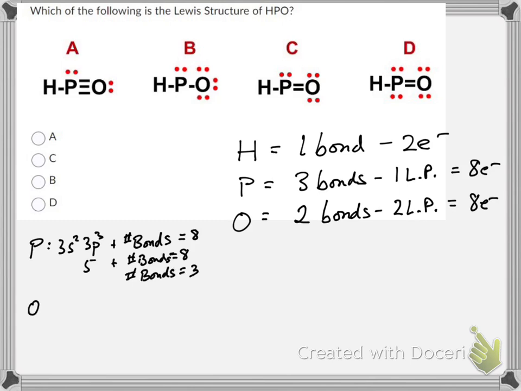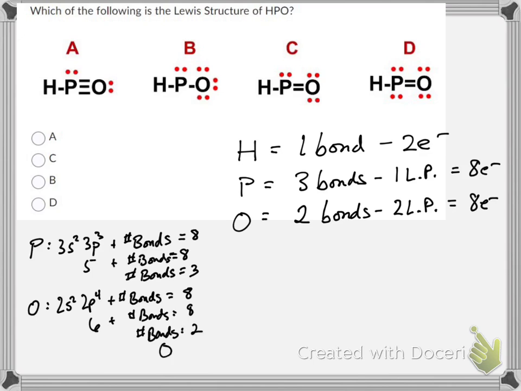If we do that with oxygen, this is 2s2, 2p4 plus number of bonds equals 8. So that means we'd have 6 plus number of bonds equals 8. Number of bonds is 2.